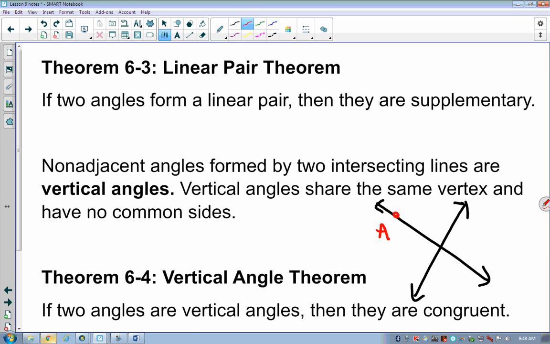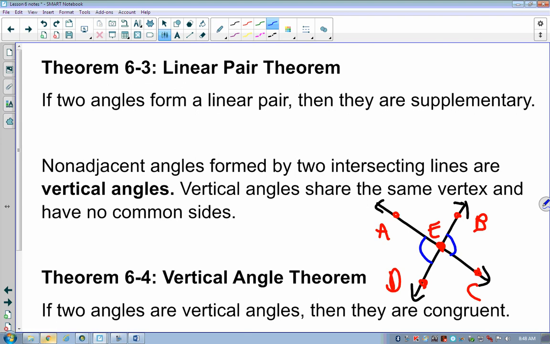We'll call them A, B, C, D, and E. Vertical angles share a vertex but no sides. They only share the vertex. So angle BEC is vertical with angle AED. They share a vertex but no sides.